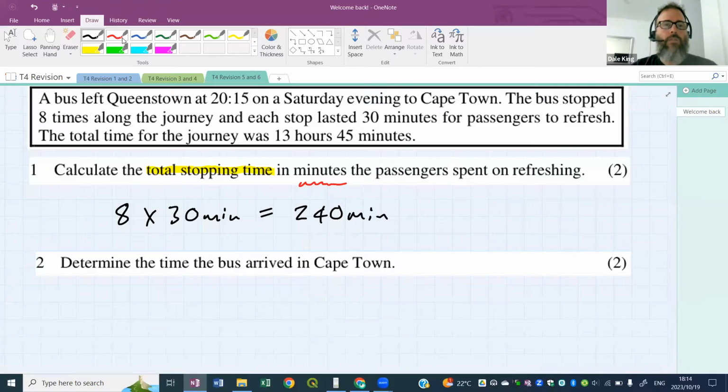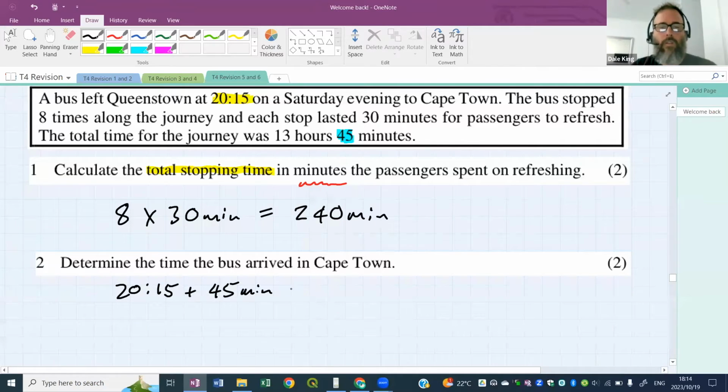So we've got 8:15 as a starting point, and then we've got 13 hours and 45 minutes. Well, I can see that if we just take the 45 minutes and add it to the 15, that'll give us 9 o'clock. So 8:15 plus 45 minutes. I'm just doing it in bits and pieces here, but we'll try the calculator method after this. That gives us 9 o'clock.